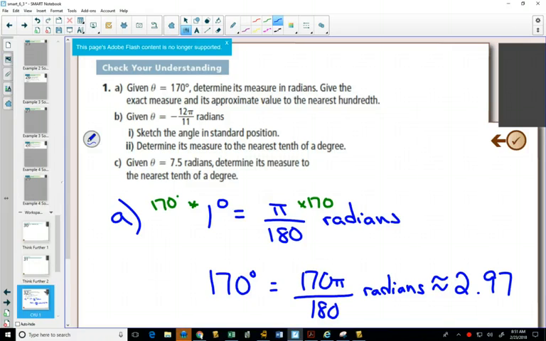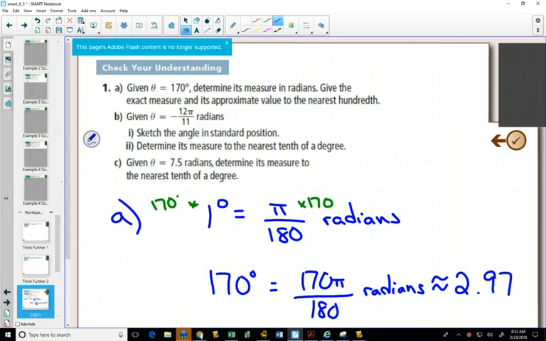Because if you think of 170 degrees, you probably have a picture of how big that angle is. If you think of 2.97 radians, you probably don't have a picture yet of what that means. So what we need to do is to give you lots of experience playing with radians, measuring with radians, thinking about radians, so that you get a working knowledge of what they mean. So you can imagine 2.97 radiuses around the edge of a circle.